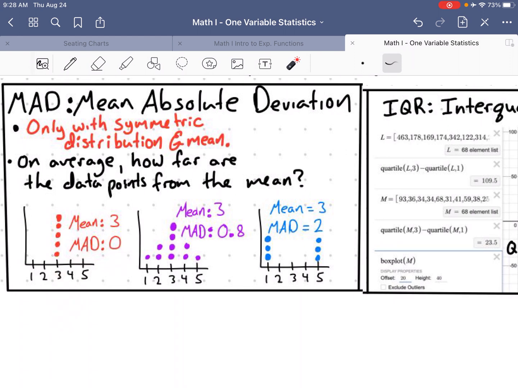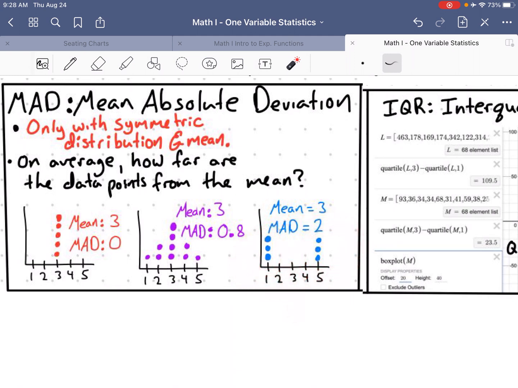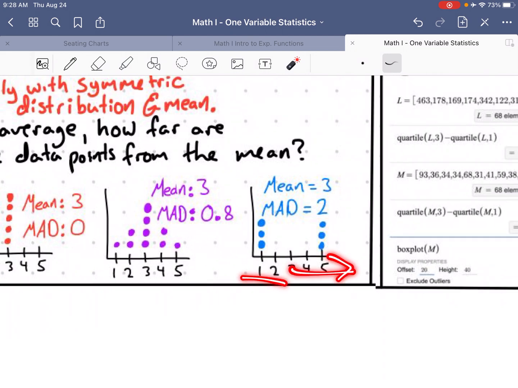No. All of the numbers in our data set were 3. Looking at this one, we have some variability. Not everything is 3. It's a little more spread out from my middle number. Over here, well, if my middle number is 3, all of my data points are actually pretty far away from there. So my MAD, my mean absolute deviation, is going to be bigger than this one because it's more spread out in general.